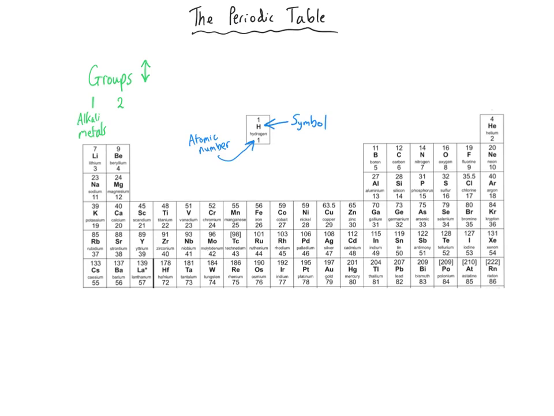Then we have a gap in the middle, and this gap is called the transition elements, sometimes called the transition metals. And then we get to group 3, group 4, group 5, group 6, group 7, and then this is most commonly called group 0, but it is also sometimes called group 8. And so those are the different groups.